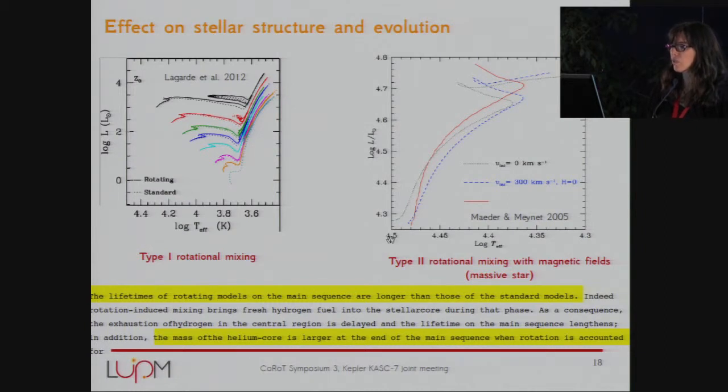This will induce a change in the lifetimes, and also a change in the structure. Radii may change a bit, and also, for sure, the size of the cores will change. The mass of the helium cores, this is wrong, it's not helium, but hydrogen cores, will change when rotation is accounted for.